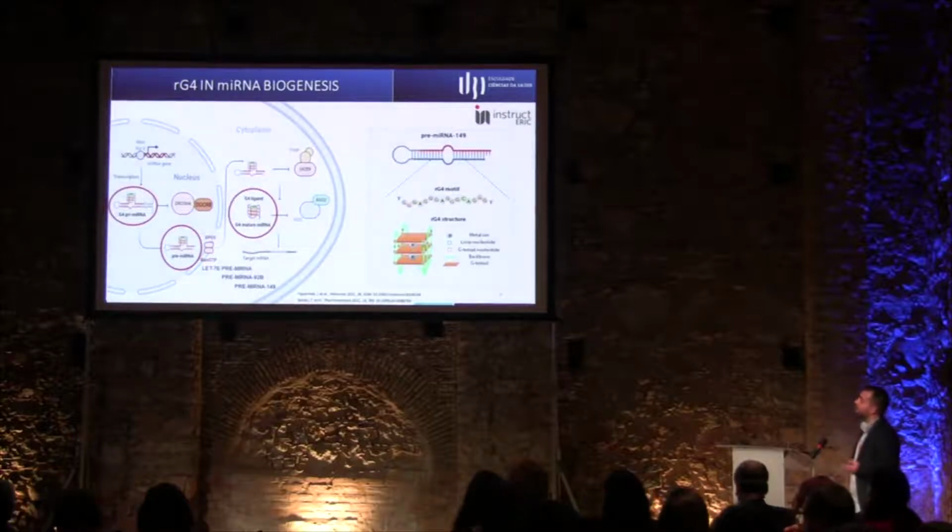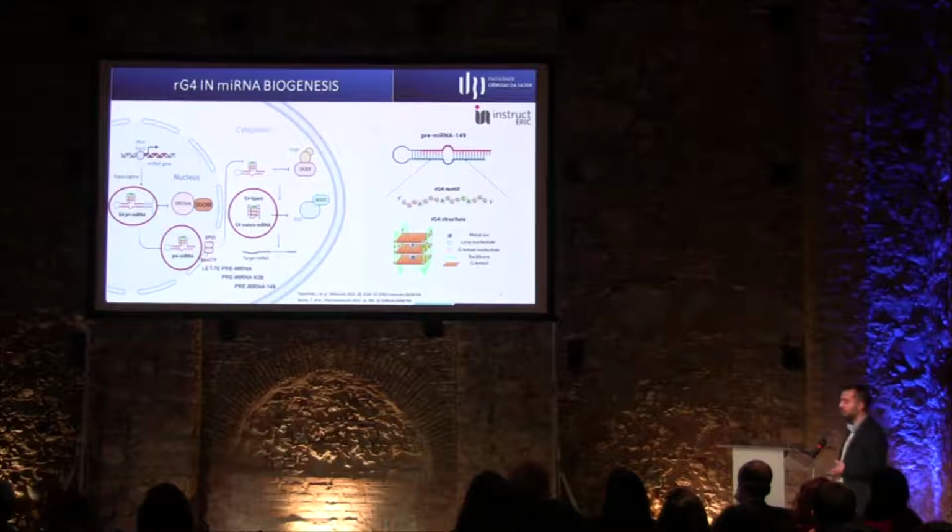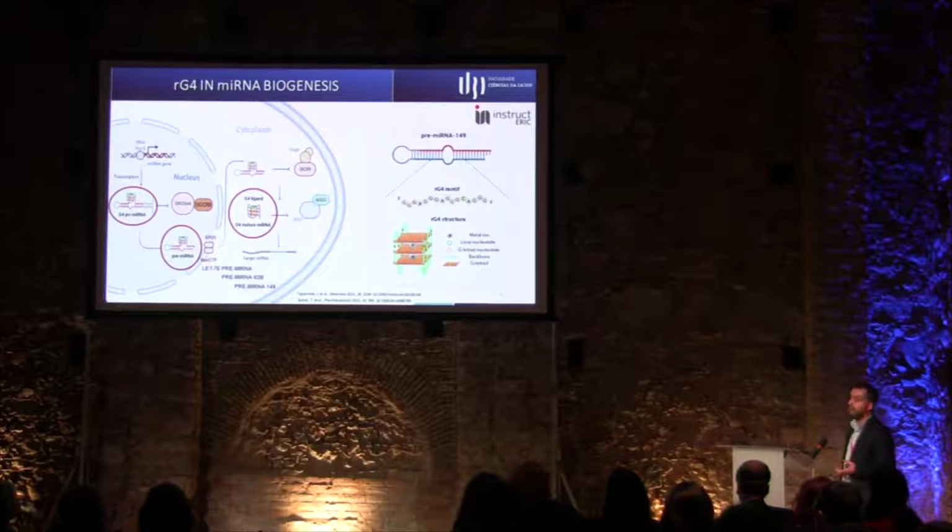G-quadruplexes in this pathway could inhibit microRNA biogenesis by reducing the levels of mature microRNAs. G-quadruplexes could be found in primary, in precursor, and in mature microRNAs.